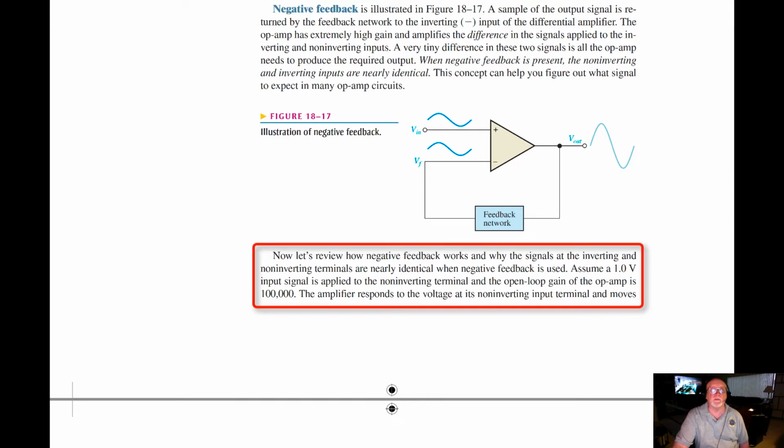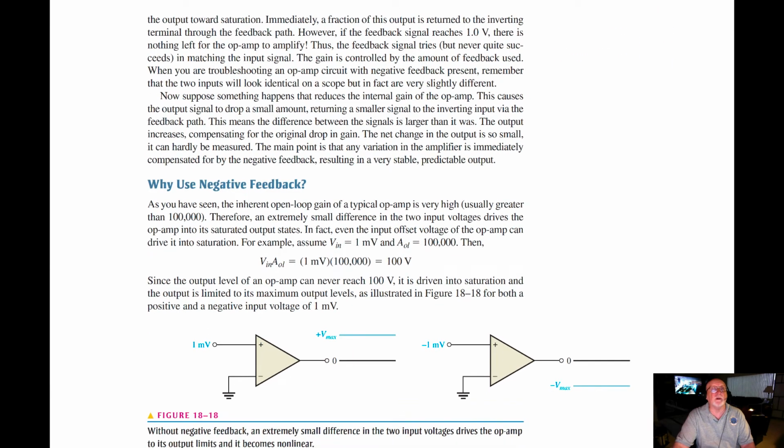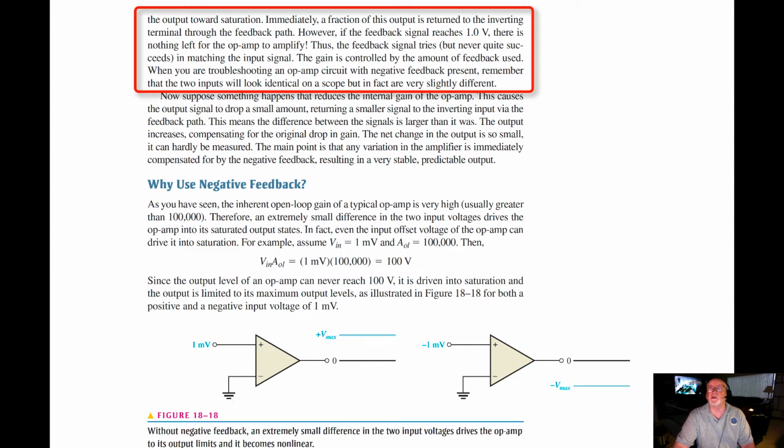Assume a 1 volt input signal is applied to the non-inverting terminal and the open loop gain of the op amp is 100,000. The amplifier responds to the voltage at its non-inverting terminal and moves the output towards saturation.